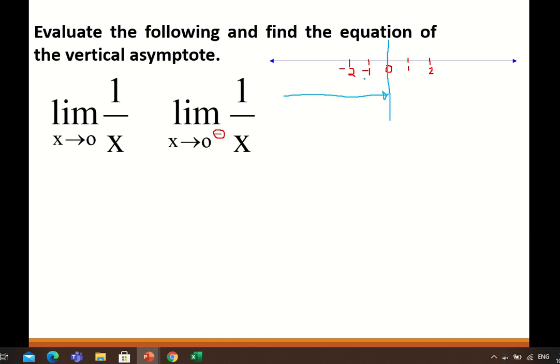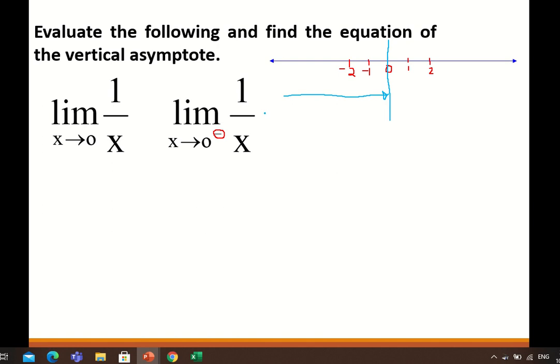What about a value very close to 0, such as negative 0.000001 or negative 0.0001? That's still 1 divided by a negative number, so it is still negative.